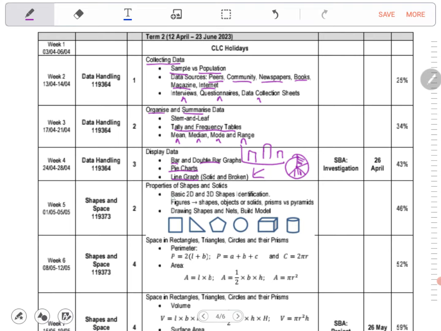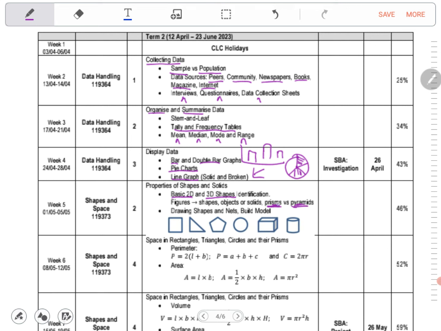So we have the basic two-dimensional shapes and three-dimensional objects or solids. So with figures we can have shapes, objects or solids, and with these solids we can also compare them whether they are prisms or pyramids. For instance, you can have a cylinder which is a prism, and a pyramid could be a cone, for instance.